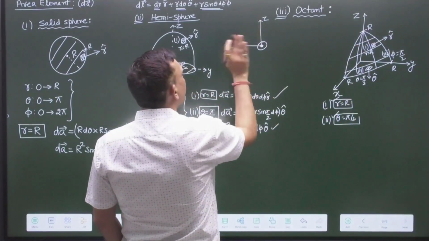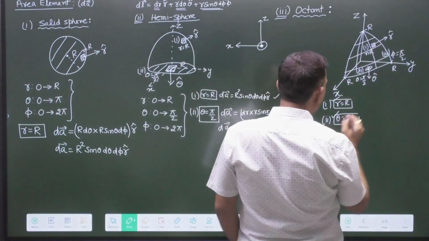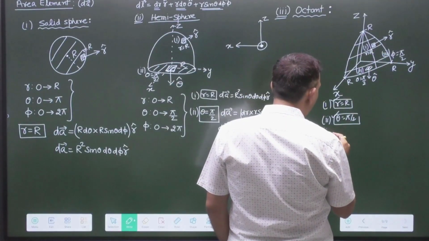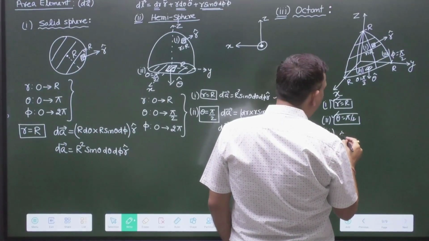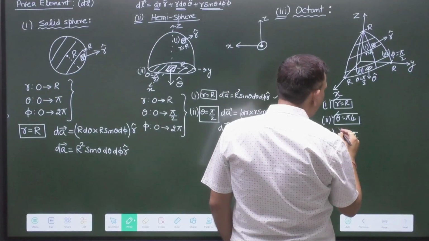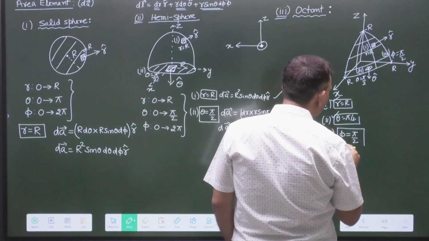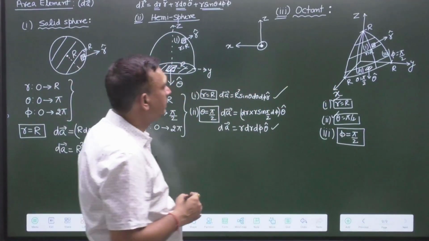So the third surface, the YZ plane, is the phi pi by 2 plane.